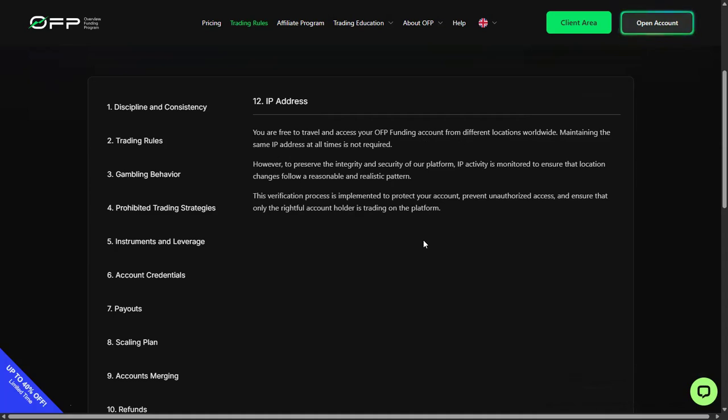So you might have different IP addresses and locations, and then maybe get your account suspended or your payout denied, right? Because you don't get informed earlier that you are violating any rules. Everything comes afterwards, probably when you request a payout, and then they say you violated these rules.